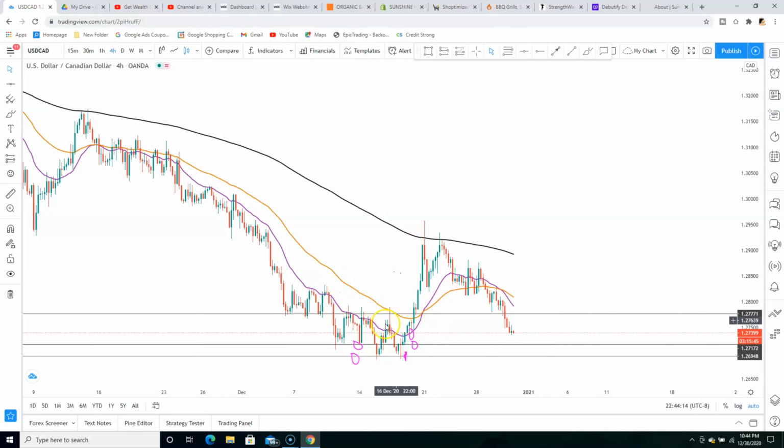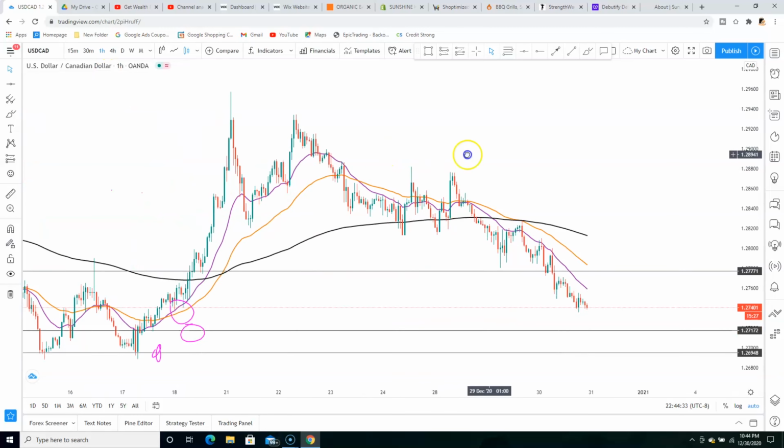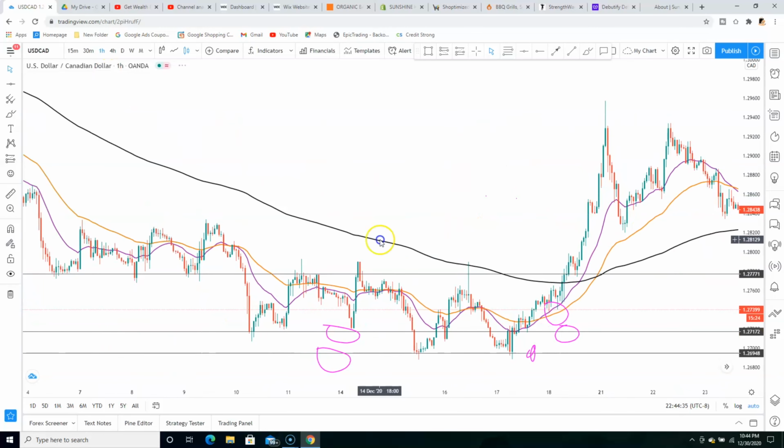Meaning you can still get in, because even on the 4-hour time frame, price closed above your resistance zone, so you're in a safe trade. But at the same time, your TP has to be right here, because that's where the 200 EMA is.